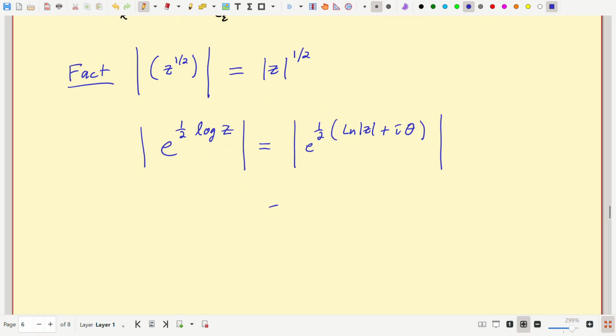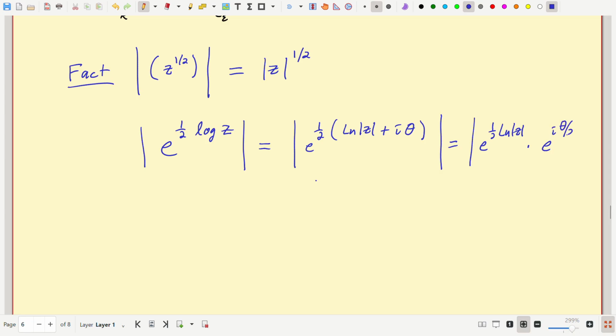When I take that modulus, it's the modulus of e to the 1/2 log mod z times the modulus of e to the i theta over 2.